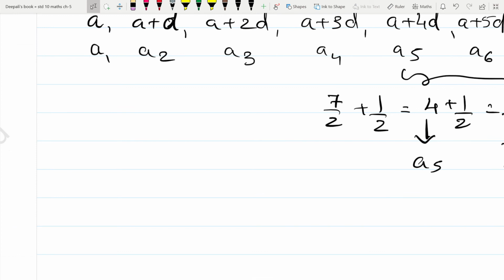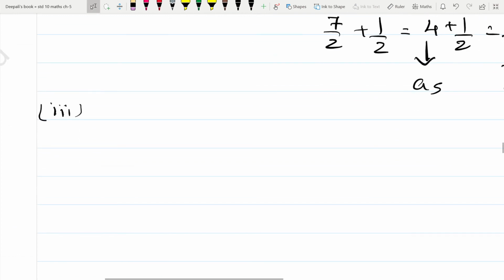Now number 3. Minus 1.2, minus 3.2, minus 5.2 and minus 7.2.